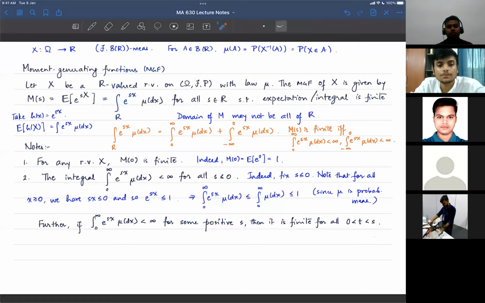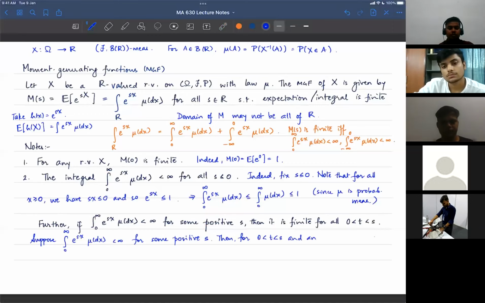Then for 0 less than t less than s and any x greater than or equal to 0, we have e to the tx is less than or equal to e to the sx.